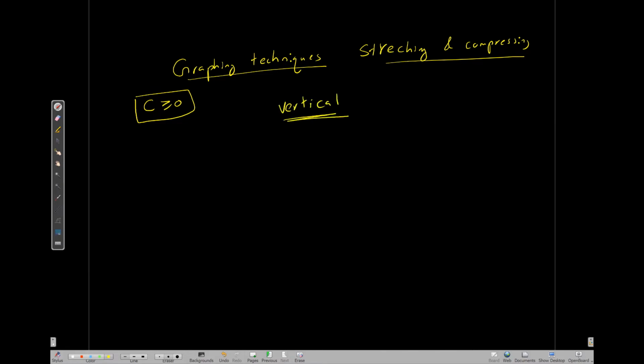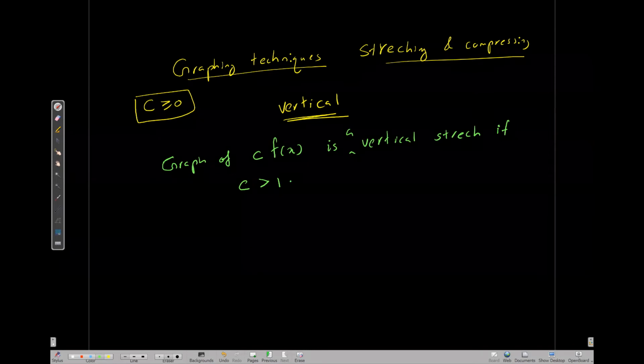So the graph of C times f of x is a vertical stretch if C is greater than 1. Right, now let's see an example before we continue.